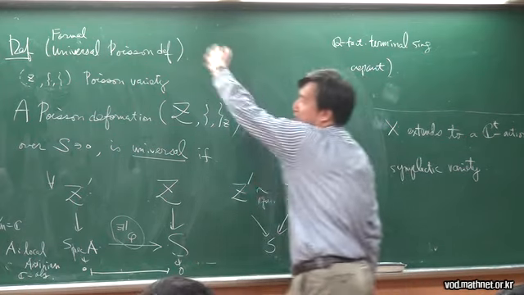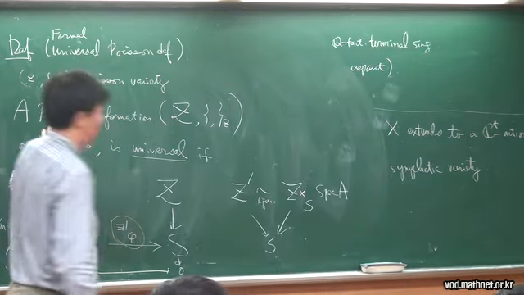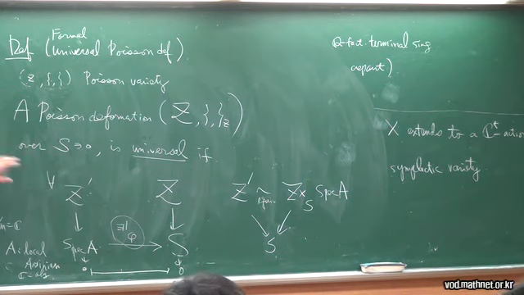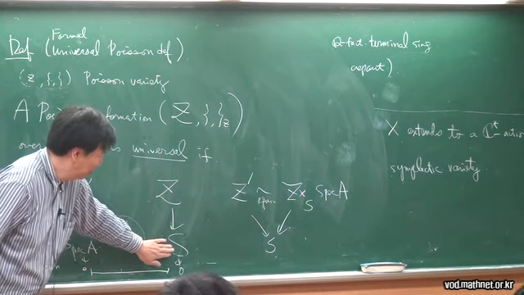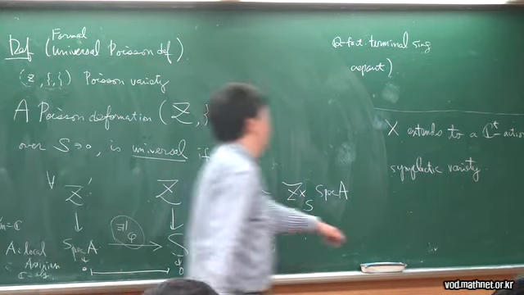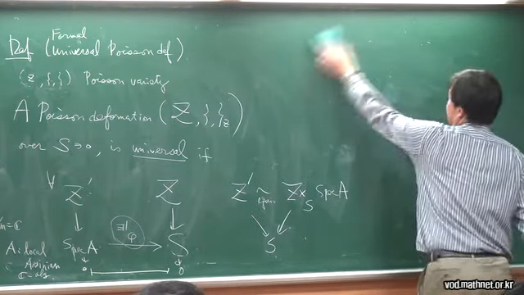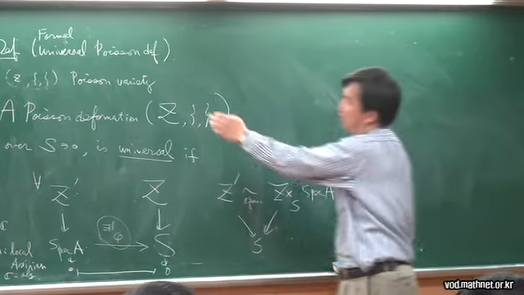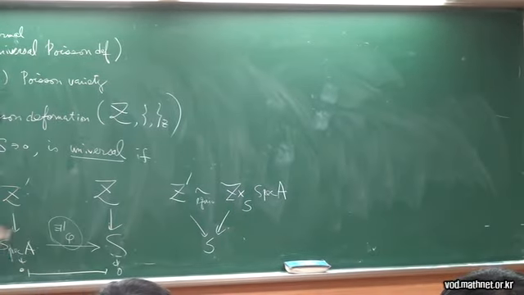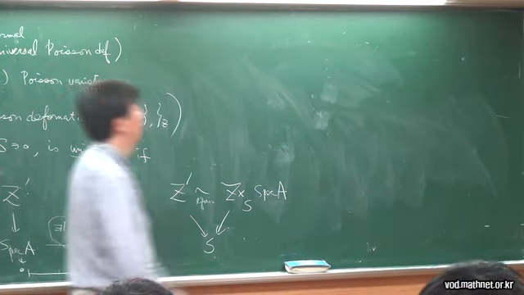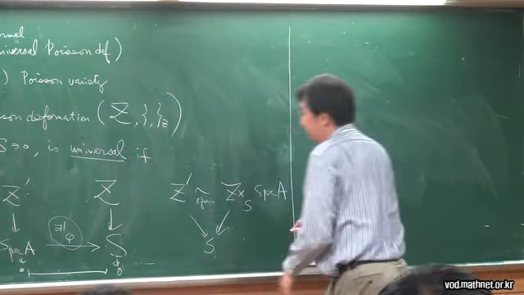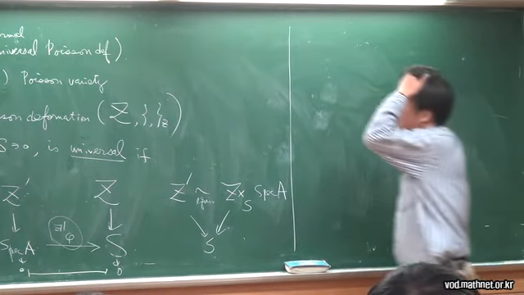But anyway, in the definition, this S is some variety or some scheme. This is slightly different from the usual universal one, because this only considers local Artinian Poisson deformations. But anyway, this is my definition of universal Poisson deformation.